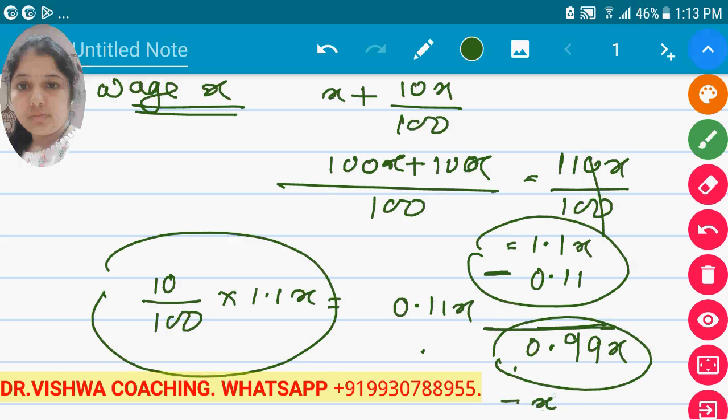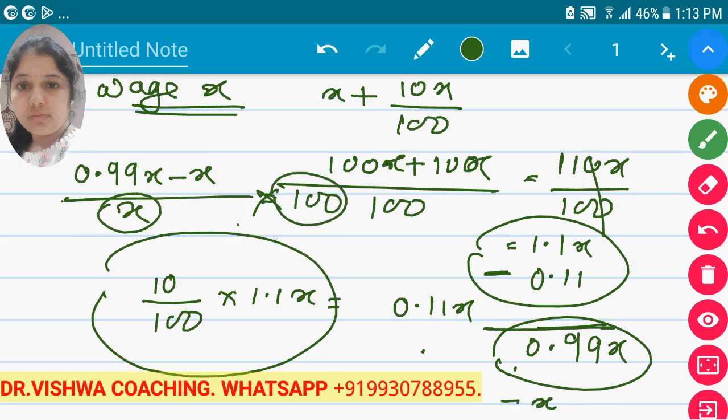Now from this we have to subtract the previous one to get the total change in the percentage. Okay. So total change in the percentage is equal to 0.99x minus x upon x, which is the change in this wage, and multiplied by 100 gives us the value as 1%.